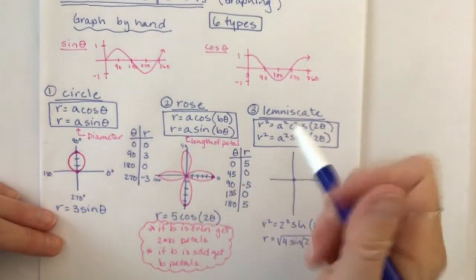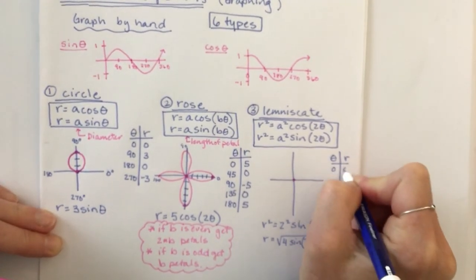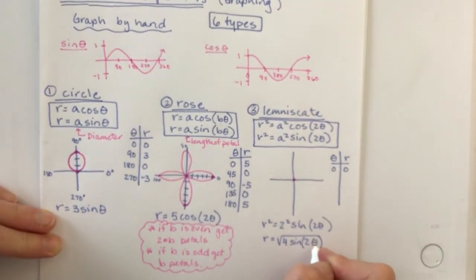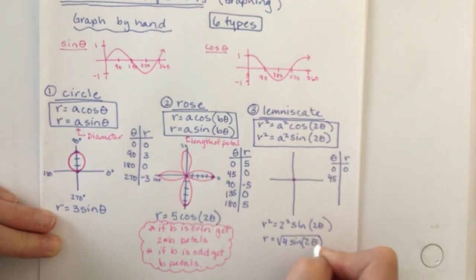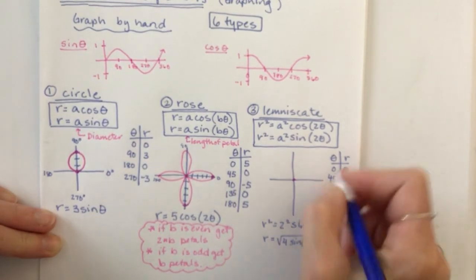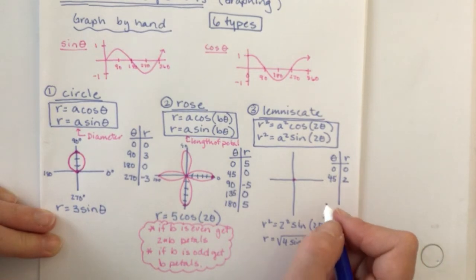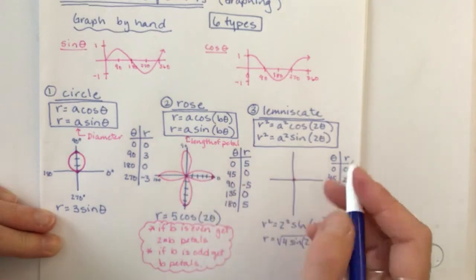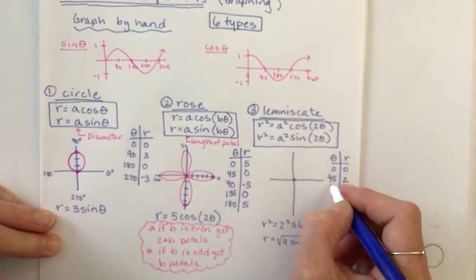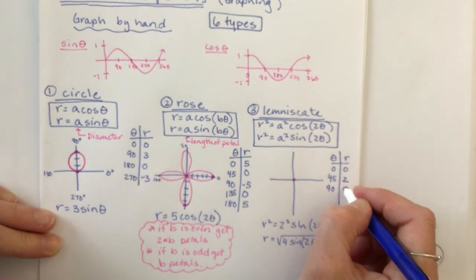Okay, so let's go ahead and do our table here. So 0, 0. If I plug in a 45, we're going to do 45 because it's 2 times. Then I get sine is 1, right? Sine of 90 is 1. Square root of 4 is 2. So that's going to happen at every other 45. Then we do 90, we're at 180, we're back at 0.